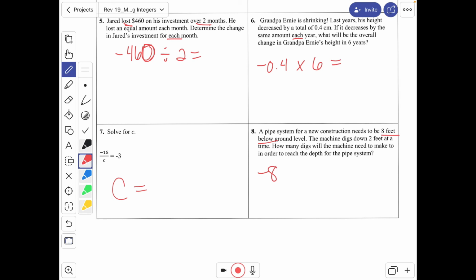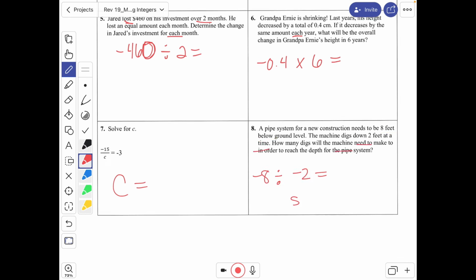That means it's negative. The machine digs down 2 feet. Again, down, that's negative. How many digs will the machine need to make in order to reach the depth for the pipe system? So each time we're going to be going down 2 feet. How many times is he going to have to dig? That is division. And it says same sign, so the answer is going to be positive.